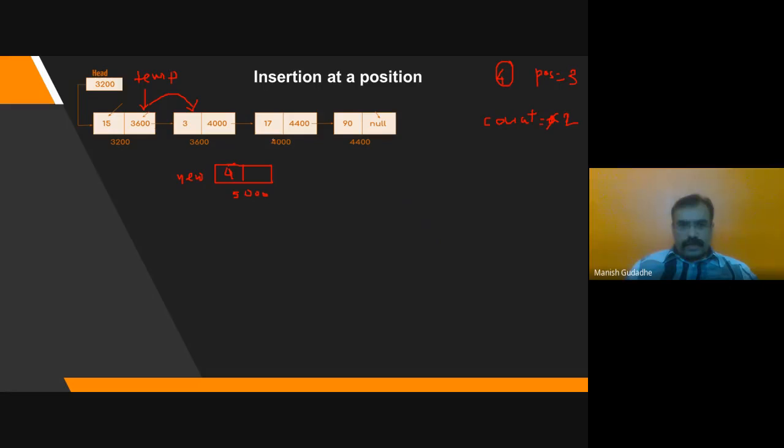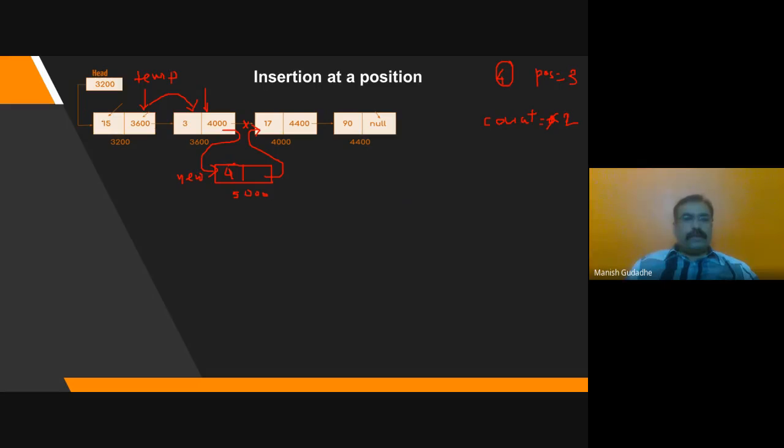What next we can do is, now at this position, once we have reached this particular location, this node should point here. Am I right? And this should point here. And this link needs to be destroyed.